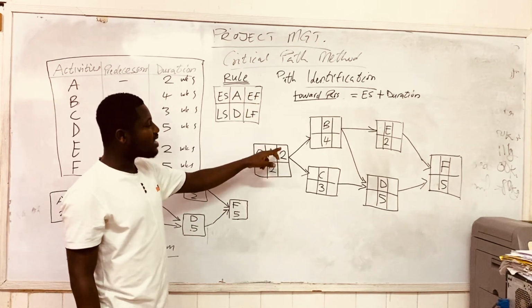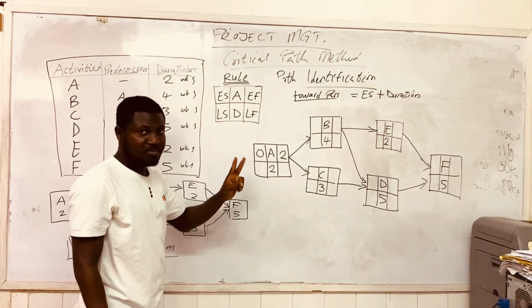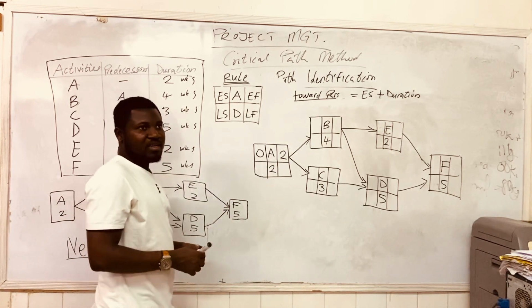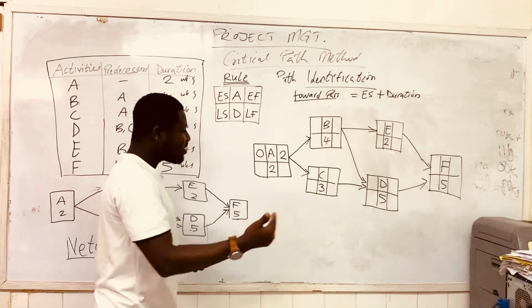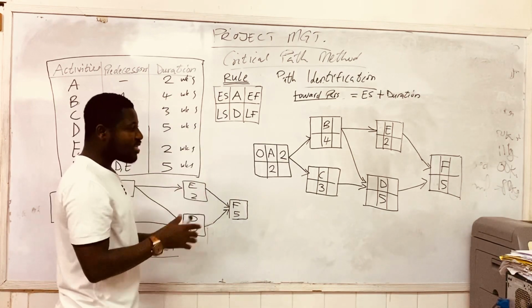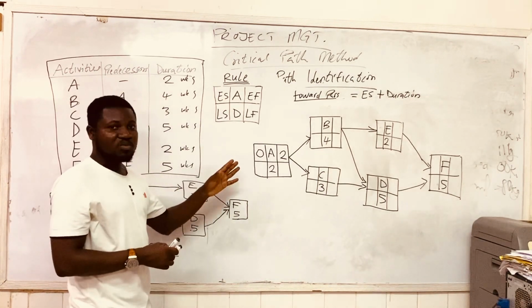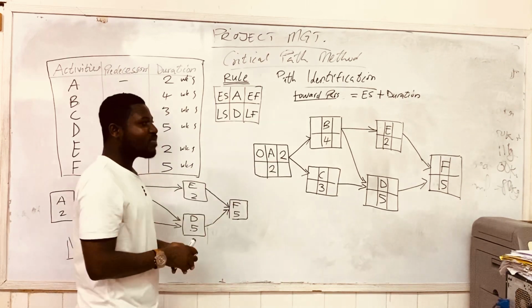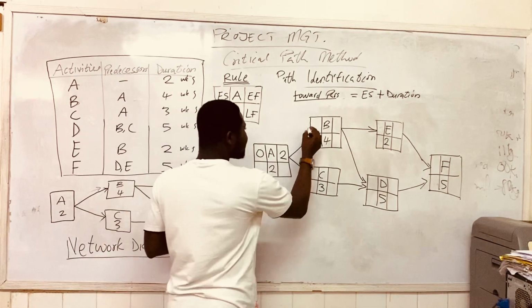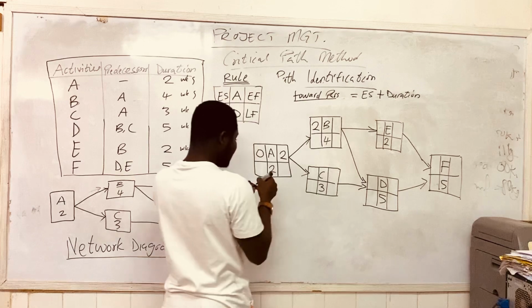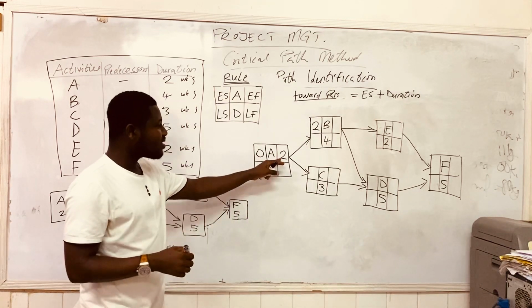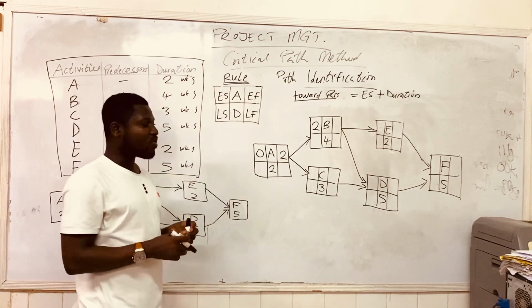The earliest finish time of project A is 2 weeks. And so if project B can only start when project A is completed, then we can only start project B in 2 weeks.